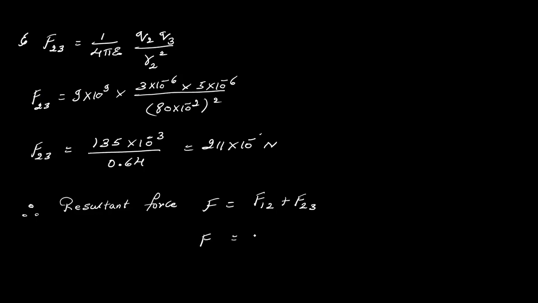Add the values. F12 is 337.5 into 10 power minus 3. F23 is 211 into 10 power minus 3.